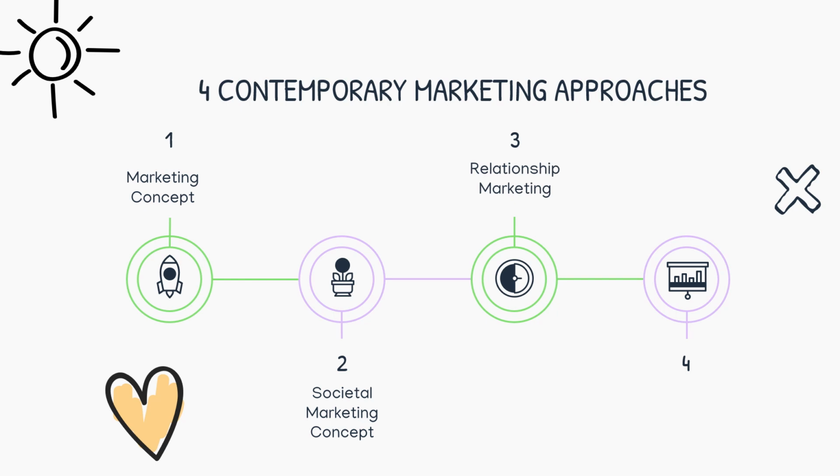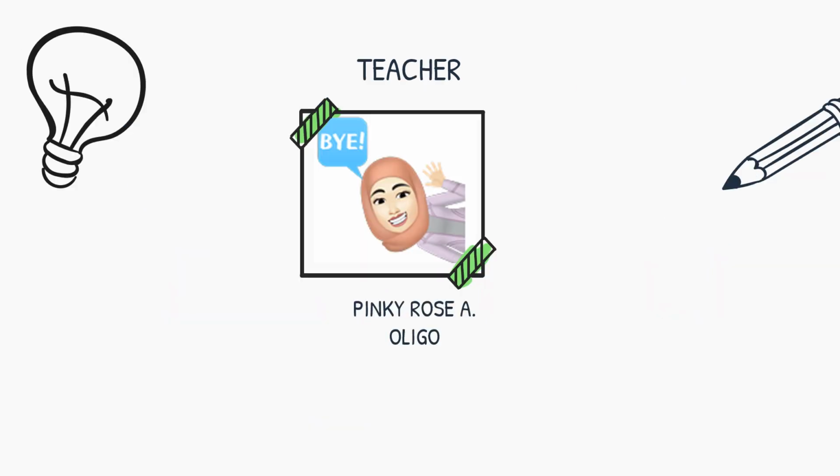Third, relationship marketing concept focuses on establishing lasting relationships with customers and suppliers. Lastly is social marketing, which aims to sell ideas and behaviors or transform negative habits or attitudes to positive ones for the benefit of individuals or society as a whole.